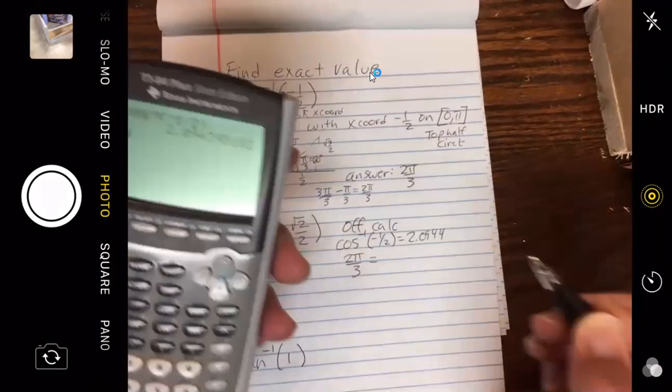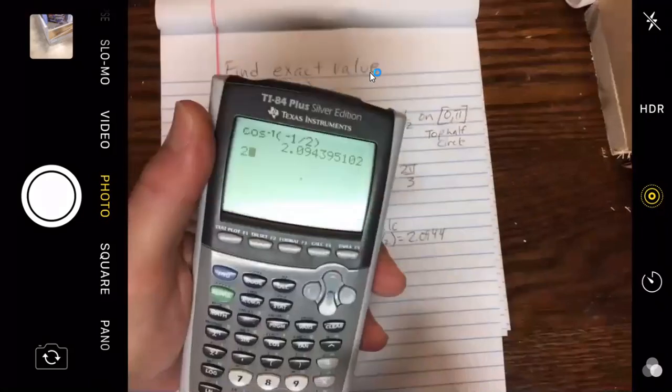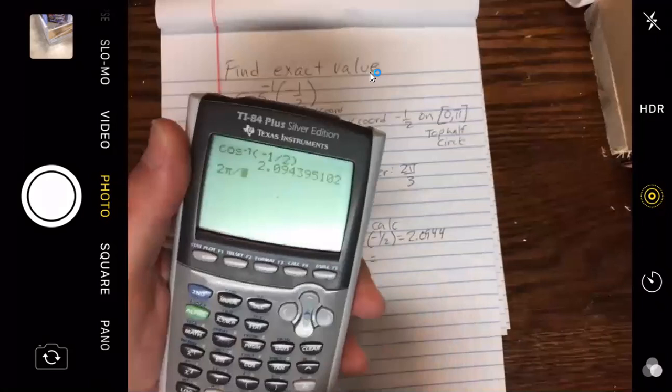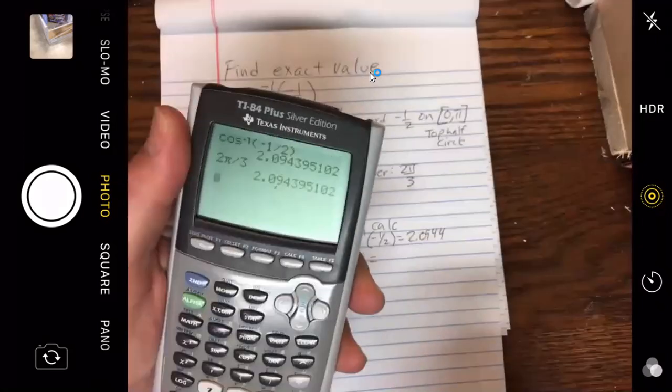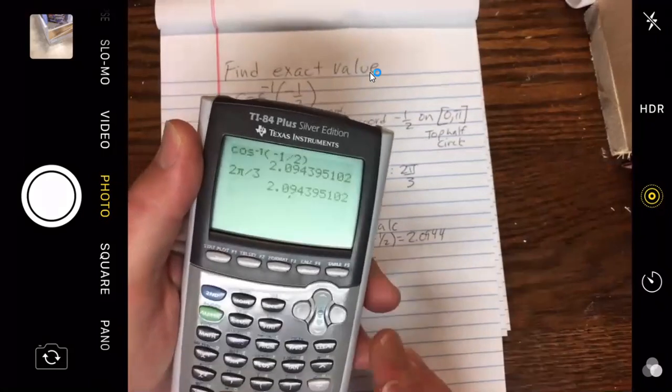I've frozen. Okay, trying to come back. Here we are, 2 pi divided by 3. And there you are. Did that give you any more confidence in it, or is it all just gibberish?